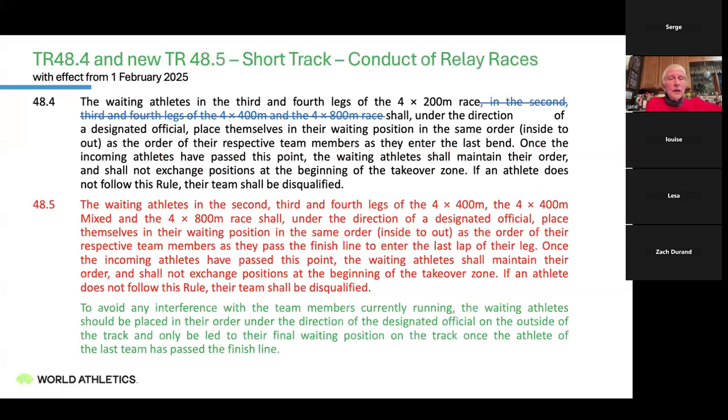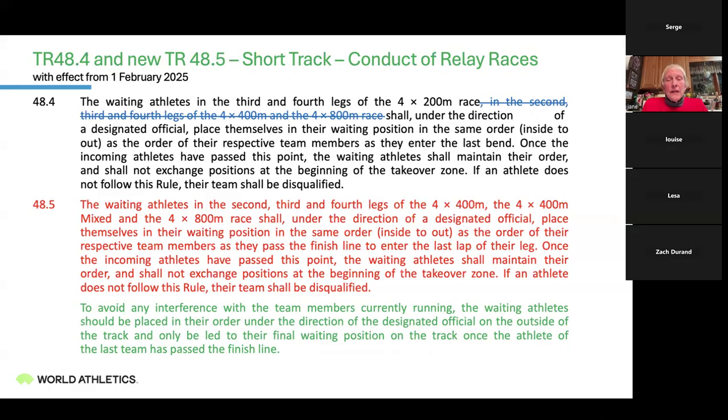Also to do with short track, we've got a change in how the 4x4 and 4x800 relay race second, third, and fourth legs are set up.